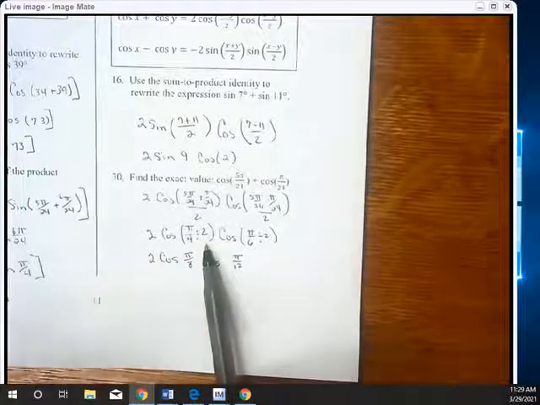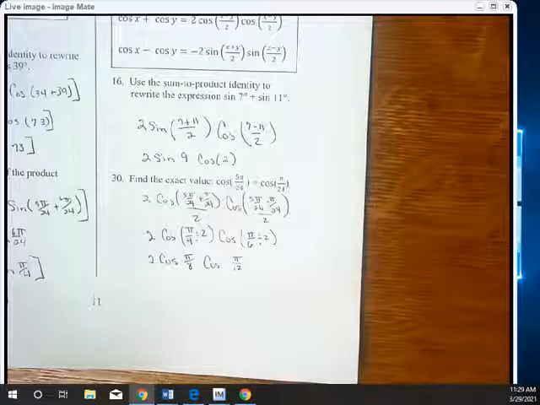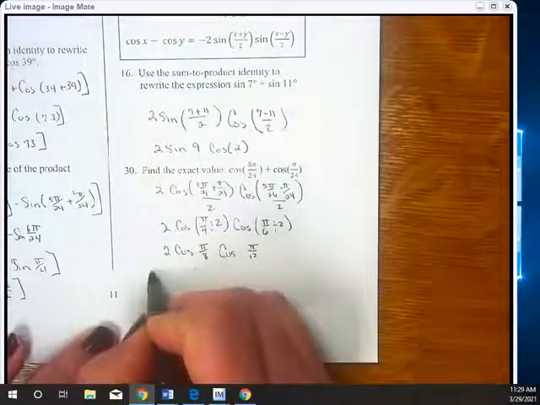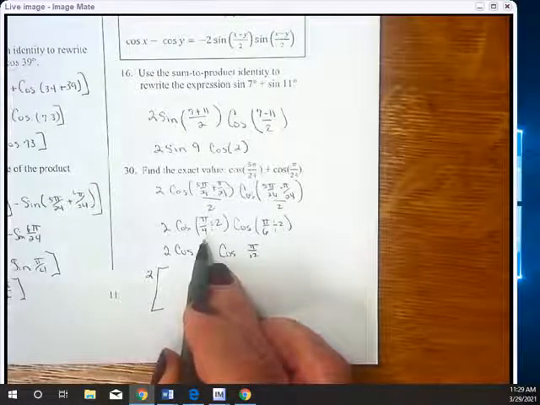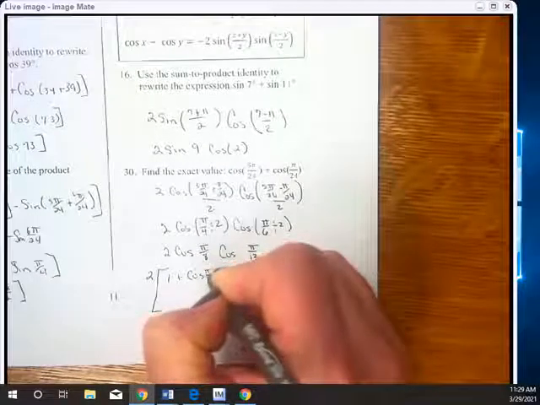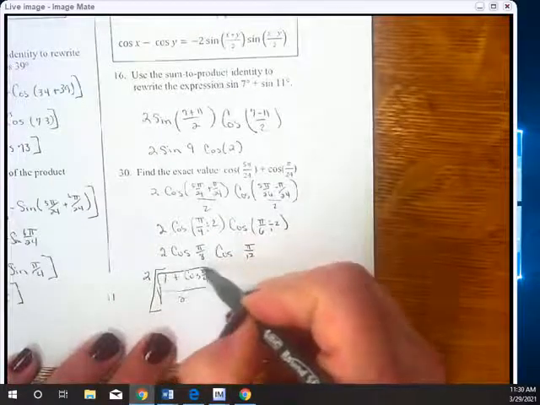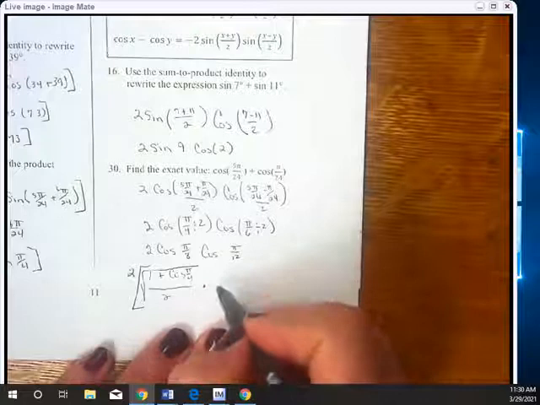So looking back at your half angle identity from the last section, now I'm going to try to do this to where it's the cosine of pi over 4 divided by 2, so we've got 1 plus the cosine of pi over 4, and that is underneath the square root, times the cosine of the pi over 6.